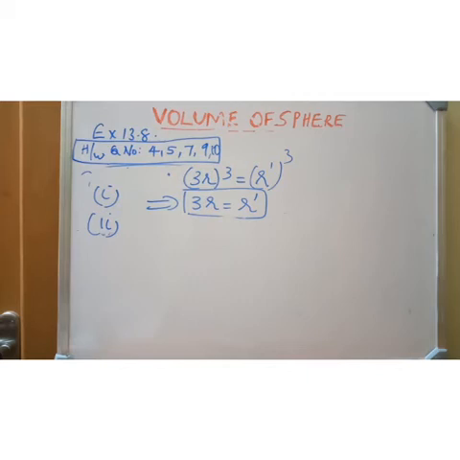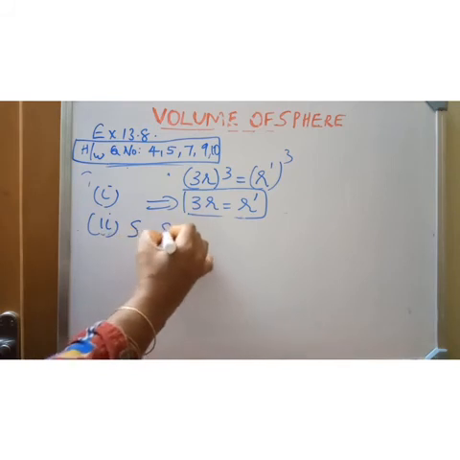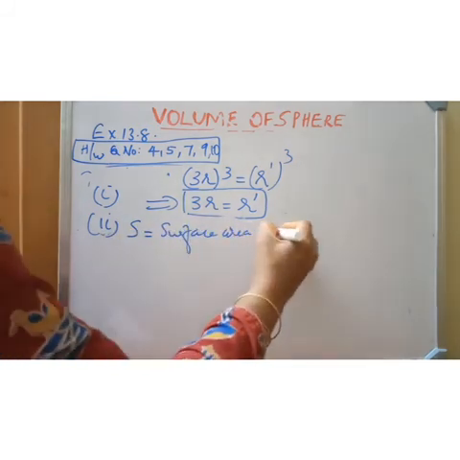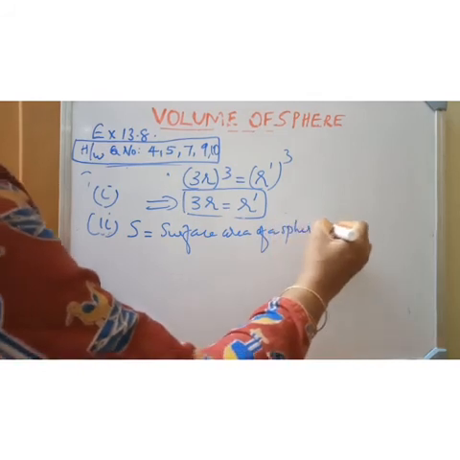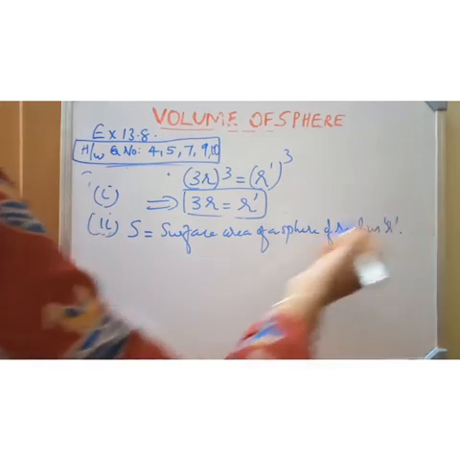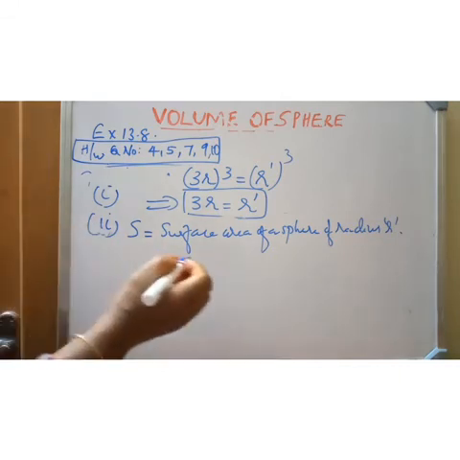So what is S? It is the surface area of a sphere of radius r. So S is equal to the surface area of a sphere of radius r, isn't it? So 4 pi r square is the surface area of a sphere.